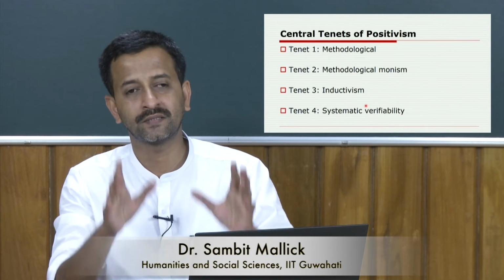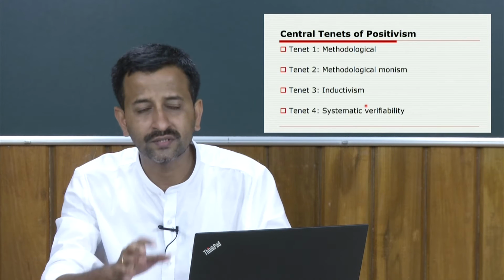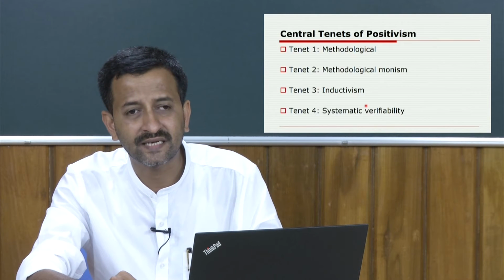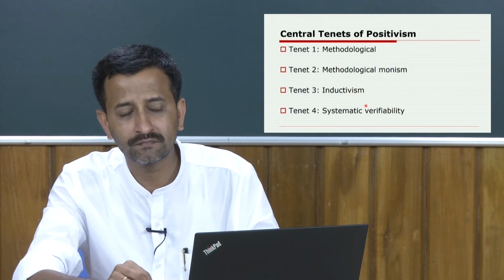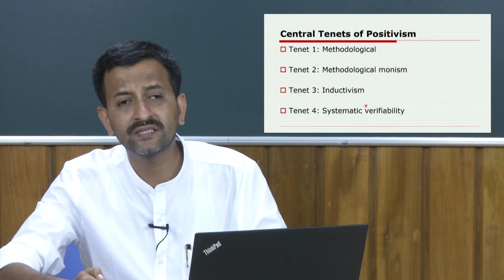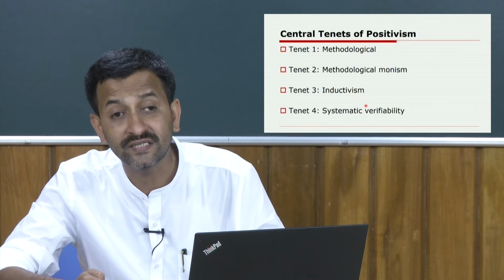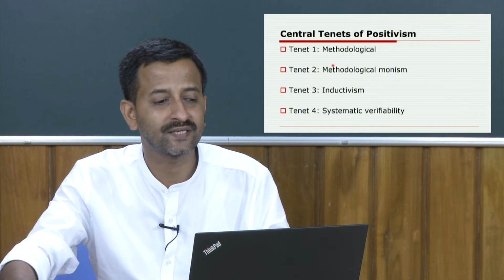That is the first and perhaps one of the foremost important characteristics of positivism. What is that? That science is distinct from all areas of human activity or creativity because it possesses a method unique to it.